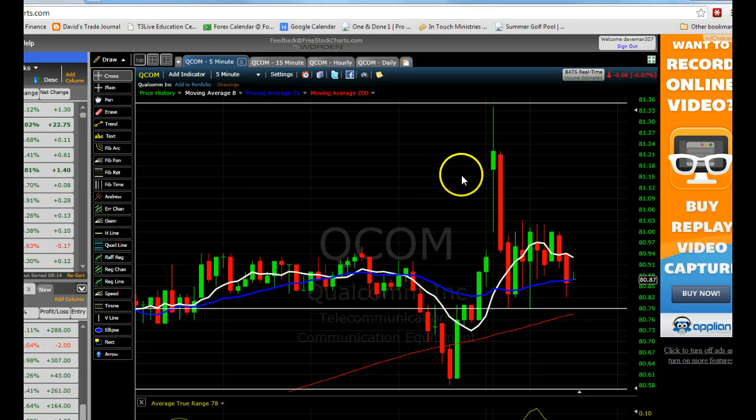So QCOM, you can see it ran up, got stuck under that line. It came all the way back down and got stopped by that lower line. And then it started to go up. So I went ahead and went long there, thinking it can get all the way back up here. This line, you can see it's held twice. So I've got a stop just below that. You can see it doesn't look like it's going to work.